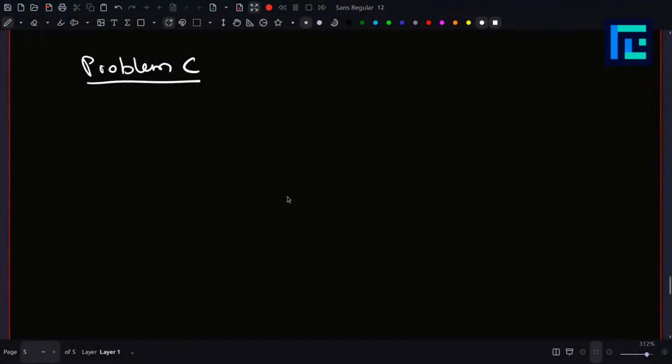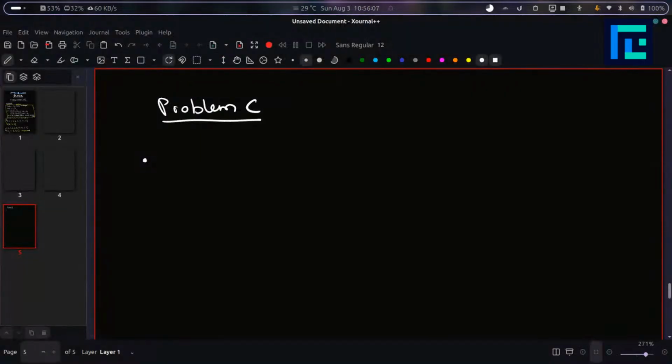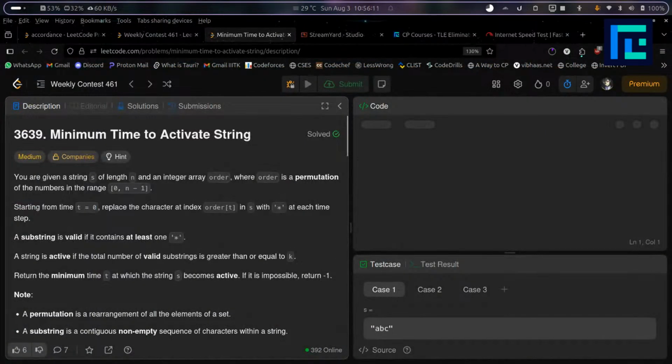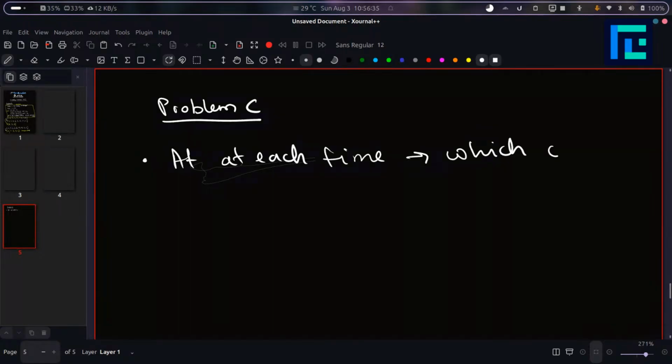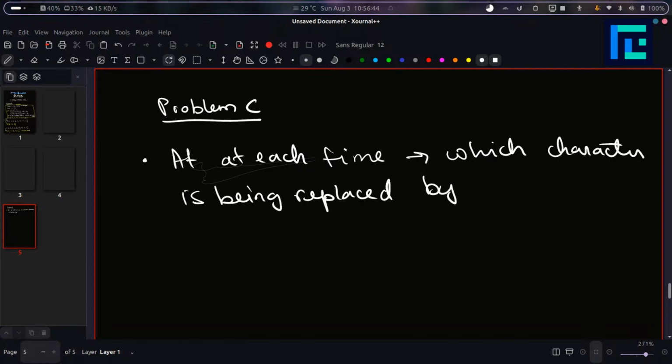Basically, what's happening here is we have a string, and at each time we are given which character is being replaced by a star.